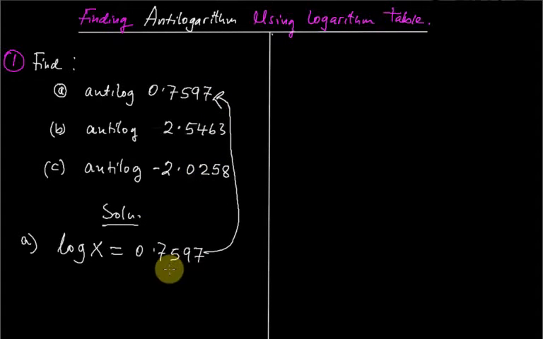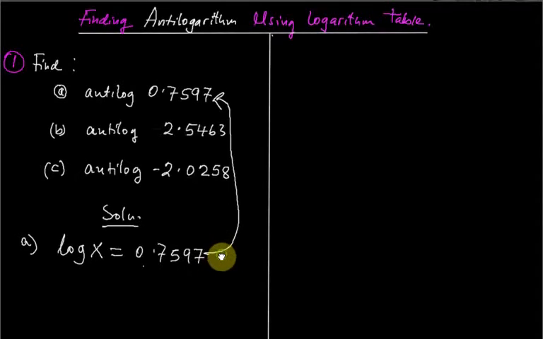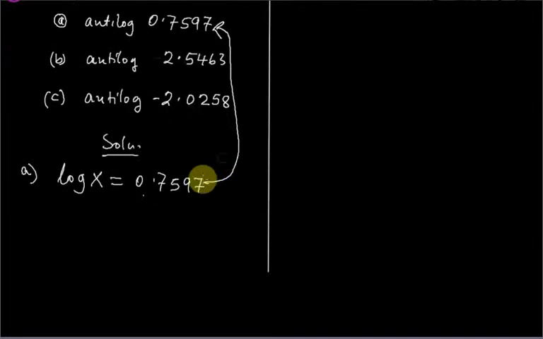So if that is the case, then it means that we are finding the number whose logarithm is 0.7597. So we go back to our logarithm table and see how we can get this number.